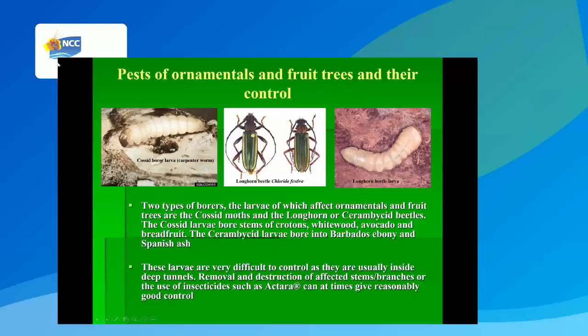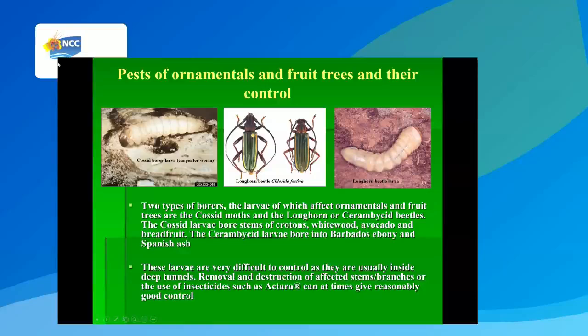Some more examples of the pests that we encounter out there are the different types of borers. And as the name suggests, these creatures bore into the plants, into the branches in particular, of fruit trees. They love avocado, for example.